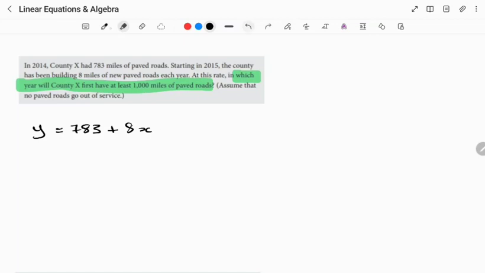Over here, we're given 1,000 miles, which is our Y, is equal to 783 plus 8X. Well, now we have to find X. This is going to give us the number of years at which point we will have 1,000 miles of road.